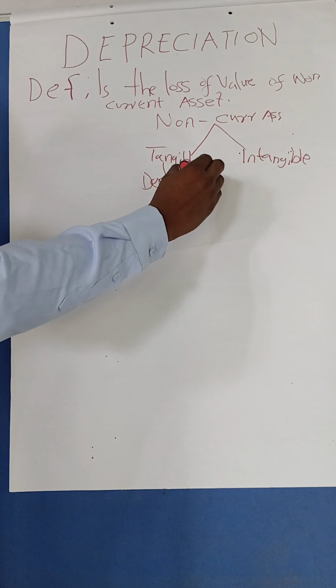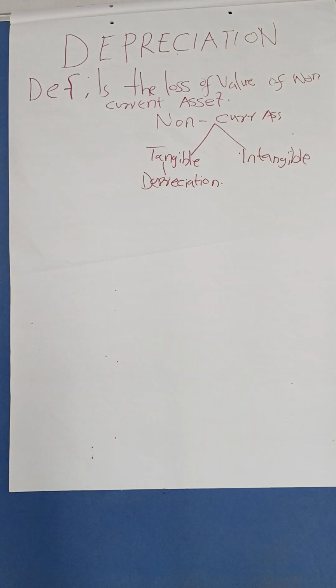So when the machinery in the farm loses value after a certain period of time, I will call that depreciation. Let's say you buy a vehicle in the business to help you do distribution, or machinery used to produce goods.